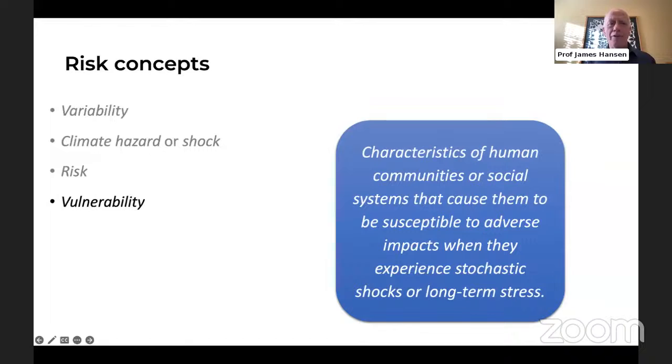And there are some contrasting ways that vulnerability is used. Some disciplines include exposure to shocks as part of the definition of vulnerability. Other disciplines treat the exposure to shocks as separate from vulnerability.